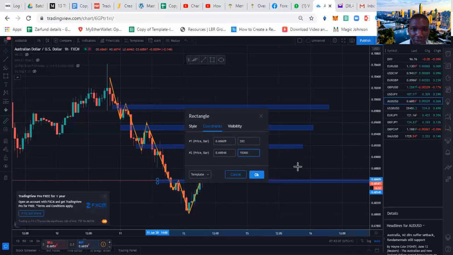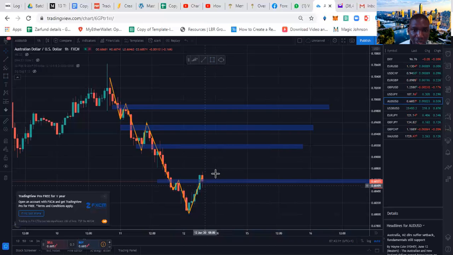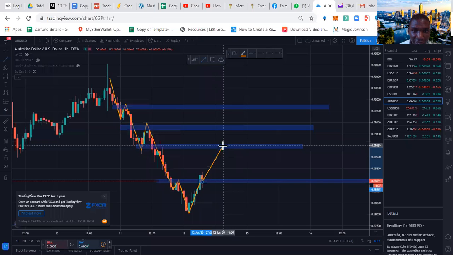It looks as if the structure has just been broken, but let's hold on with that. It looks like it's going to buy from here. If you're on this session, you can look at taking it, but I'm not giving this signal out again. I think we're giving enough signals so that people don't take too many trades.